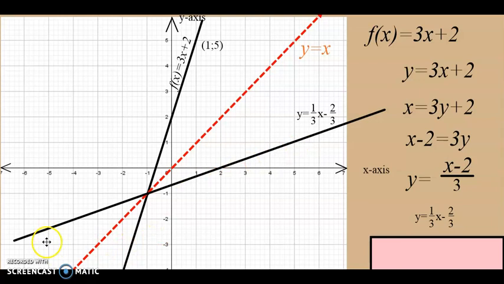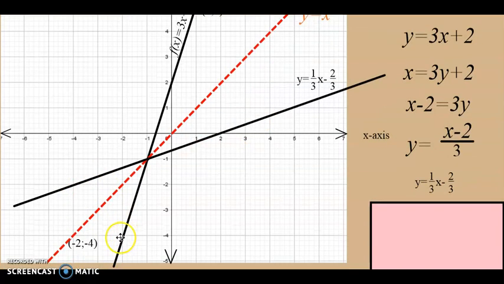Then choose any point on the original graph, and here I'm going to choose a point a little bit lower. I'm going to negative 4 because it gives me a whole value. So this is 1, 2 to the line, and then a 90-degree turn, 1, 2 to my inverse function.